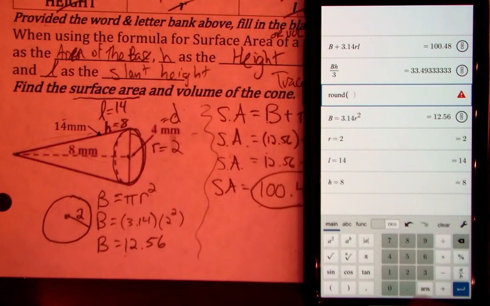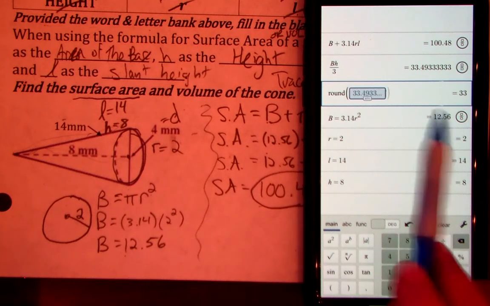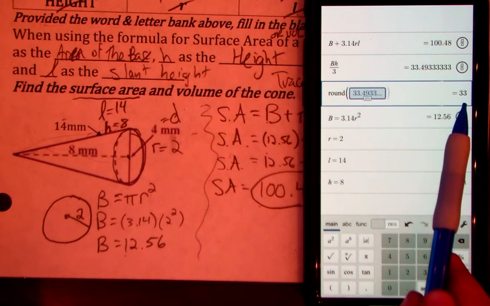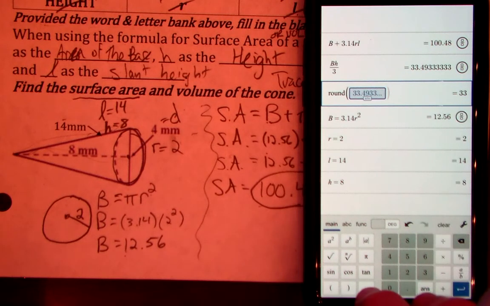So I hit the ANS button, which is the answer button, because it's saying, all right, what was the most recent answer? What was this big long number? And so you say answer, and automatically it rounds it to the nearest whole number or integer. However, we want to round to the hundredths, and so we're saying that's the second column after the decimal. So we hit comma, second one, and we are done.